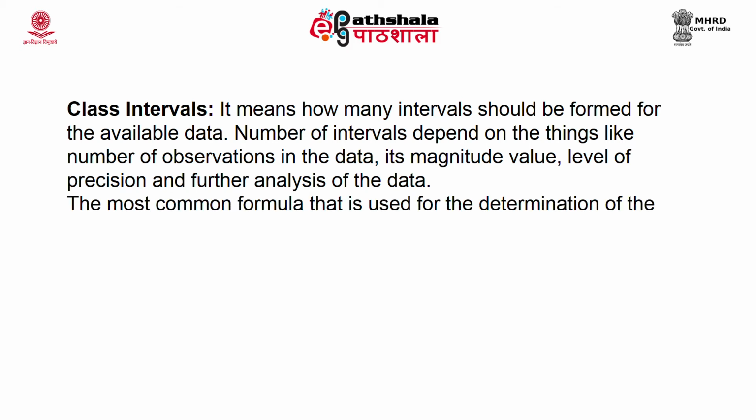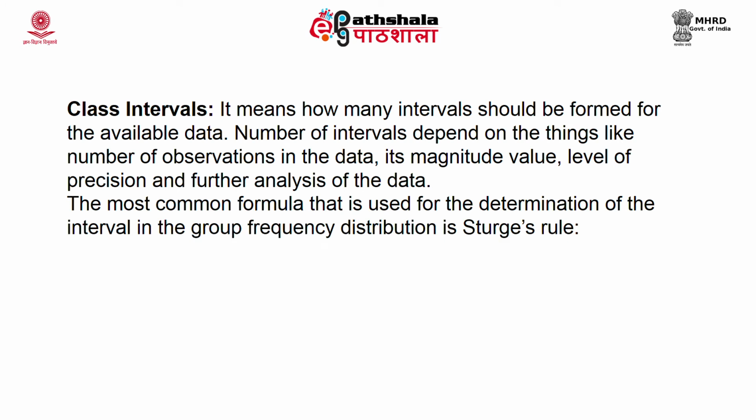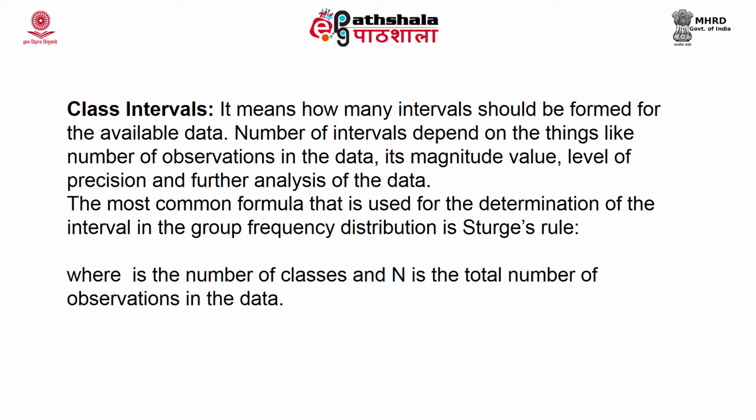The most common formula that is used for the determination of the number of intervals in grouped frequency distribution is Sturges' rule, that is represented in the form k is equal to 1 plus 3.322 log base 10 capital N, where k is the number of classes and capital N is the total number of observations in the data.